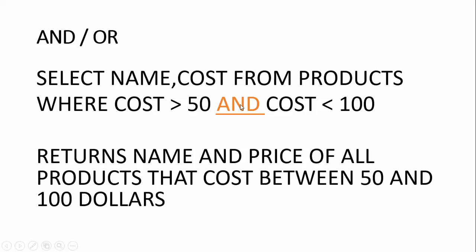So it's actually the word and, it's not the double ampersand, it's not the pipe. You can use and or in your where clause to make more complicated where clauses. So you're not just limited to it's less than this or greater than that or equal to that. You can make compound expressions using and or.